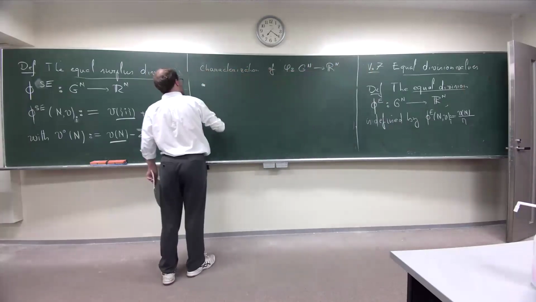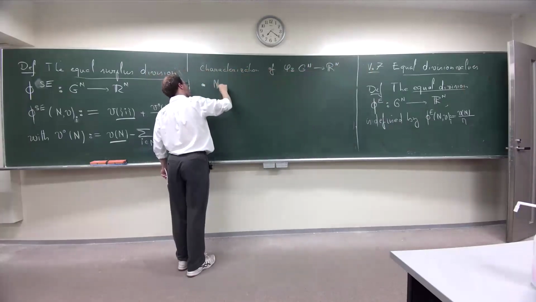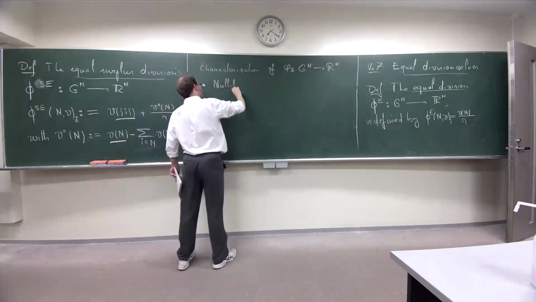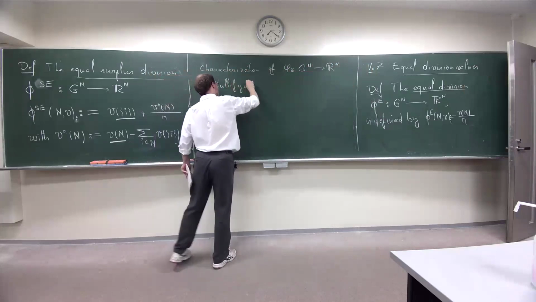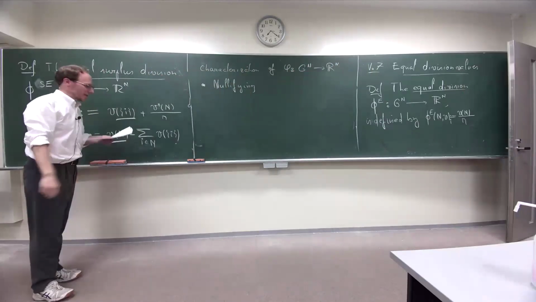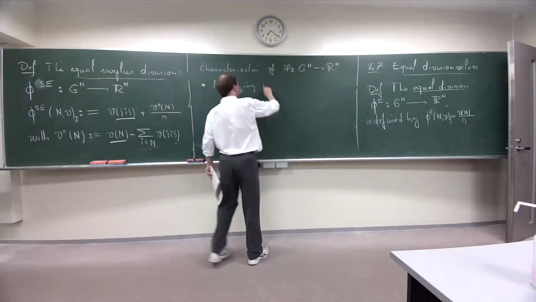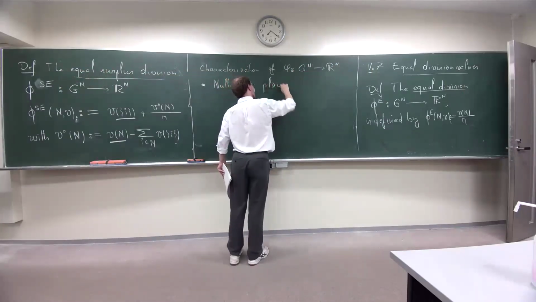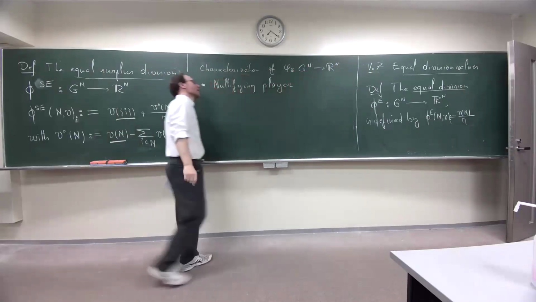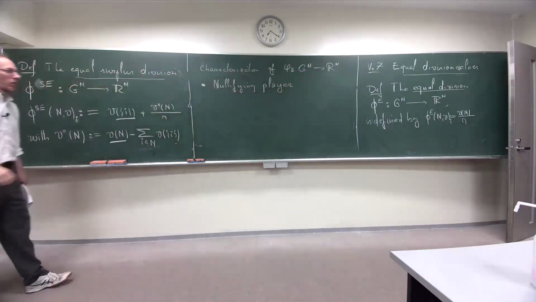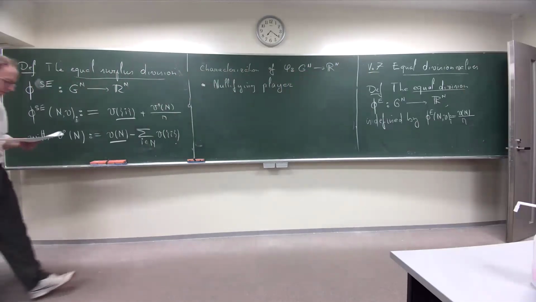The first characterization is called the nullifying. I was surprised, this has been done quite recently. I think the paper containing this definition and the proof was written only 10 years ago.